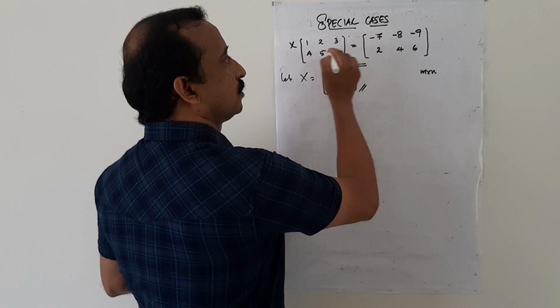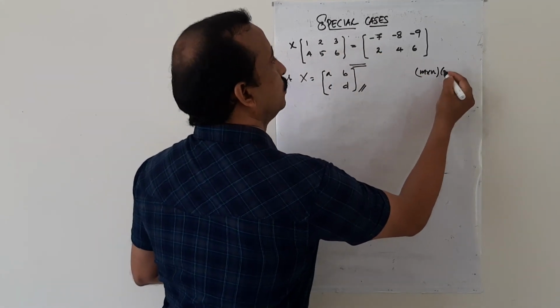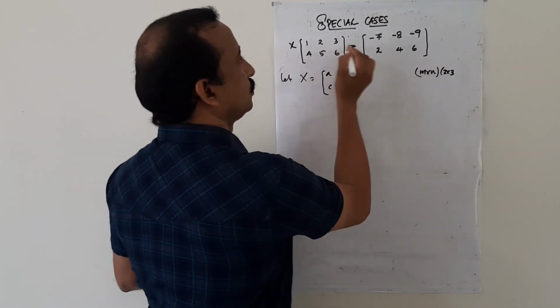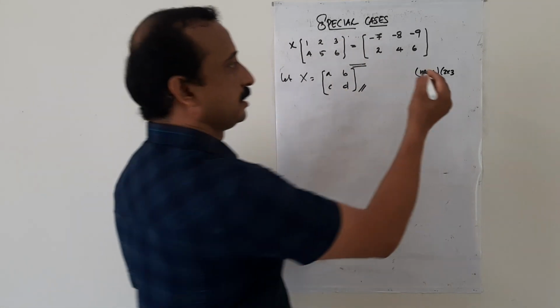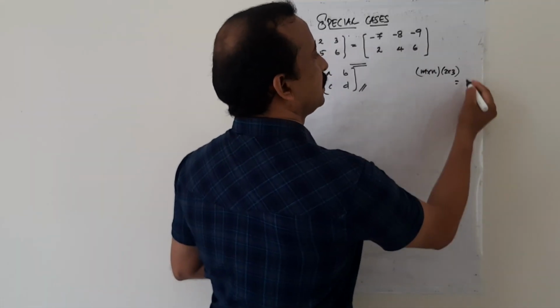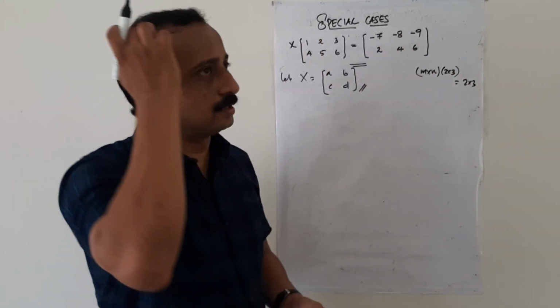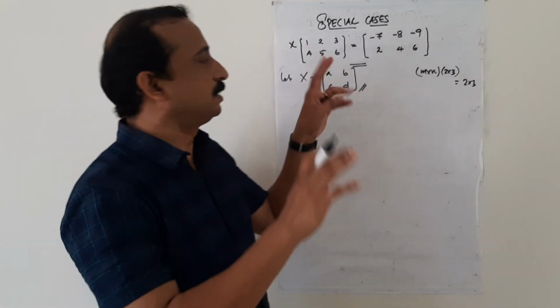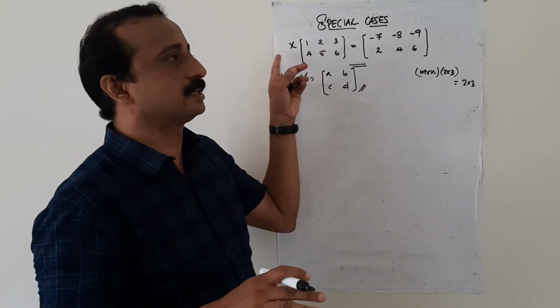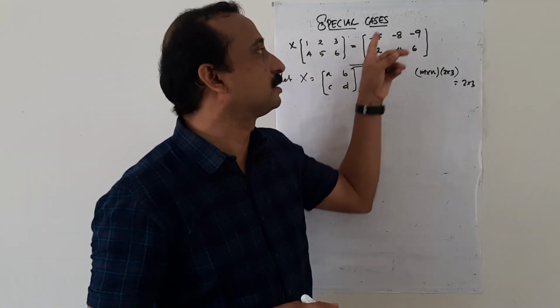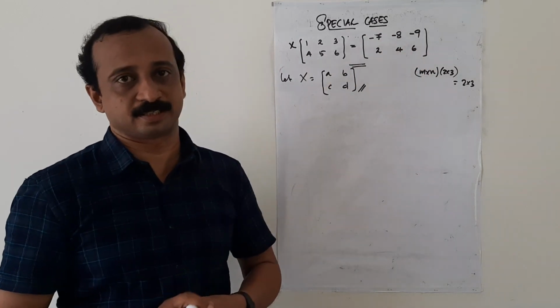You already know the order of this matrix is 2 by 3, 2 rows and 3 columns. And the resultant matrix order is again 2 by 3, 2 rows and 3 columns. Here matrix multiplication is possible, because the right side matrix is also a 2 by 3 matrix.